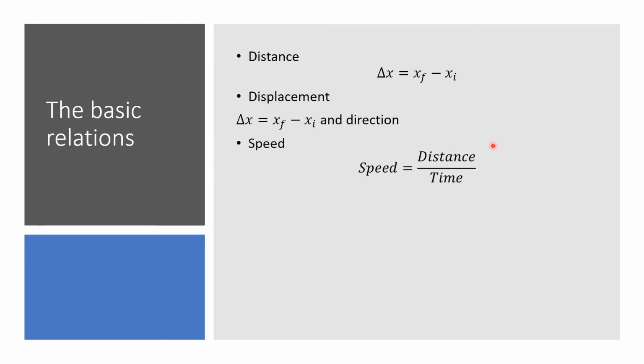Speed is simply distance divided by time. So it's a scalar quantity, same as distance. It has a magnitude only and it has no direction. Velocity, on the other hand, is the displacement divided by time, right? And as is the case with displacement, it has both a direction and magnitude.